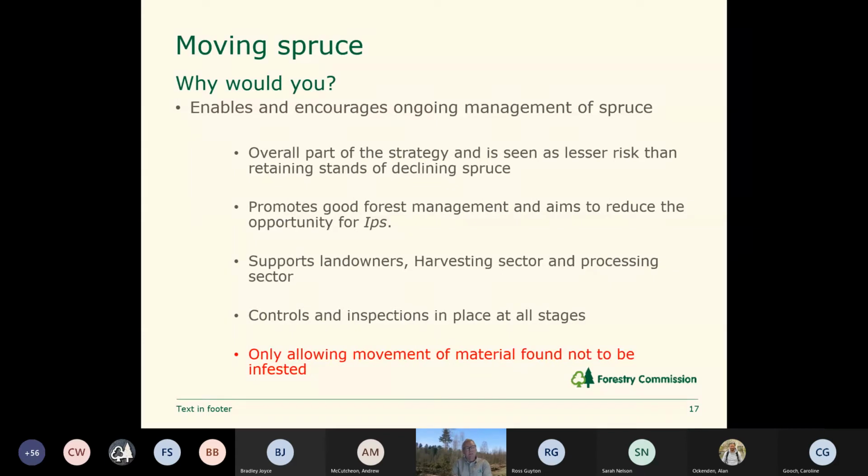We've still maintained that level of control at a high level on any other movement of spruce from the demarcated area, but there are opportunities for landowners and the sector to move spruce, which promotes, one, good forest health, and secondly, supports some revenue streams for the sector.